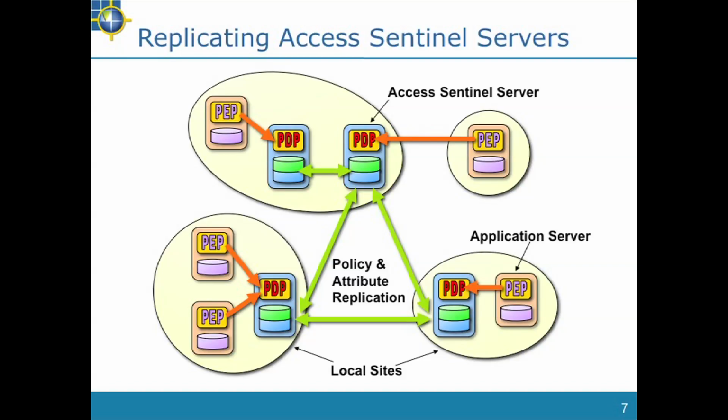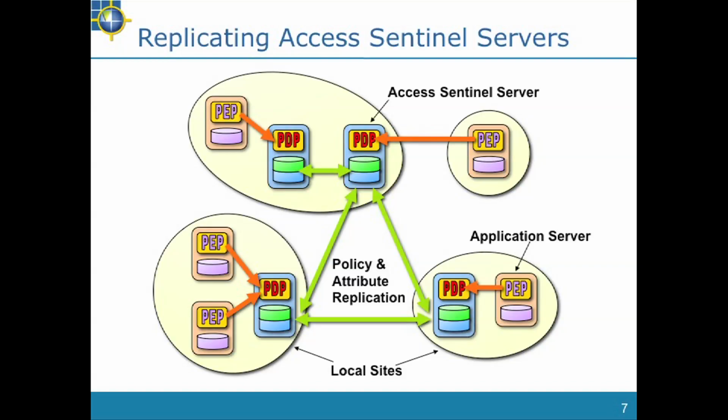By building the Access Sentinel server basically on top of the VueDS Discovery server, we get a number of capabilities for free. One of the interesting things that the directory can already do is replicate and distribute its information, its collections of attributes. So it's very simple for us to set up multiple Access Sentinel servers as required throughout an enterprise network.